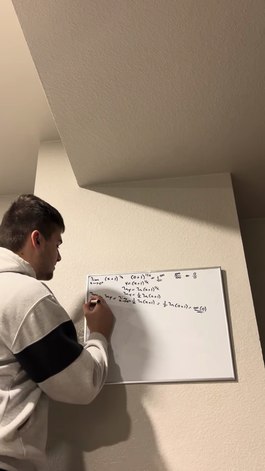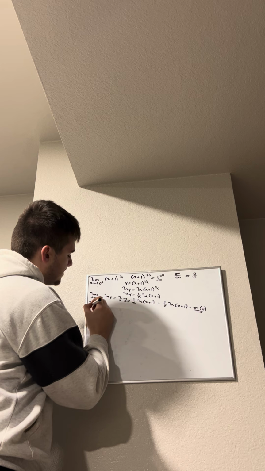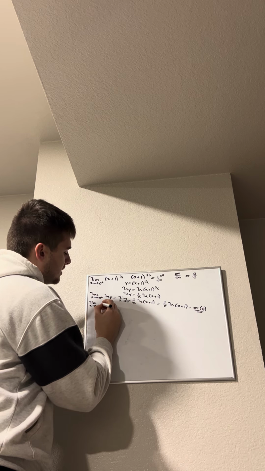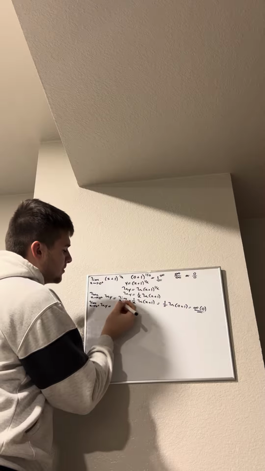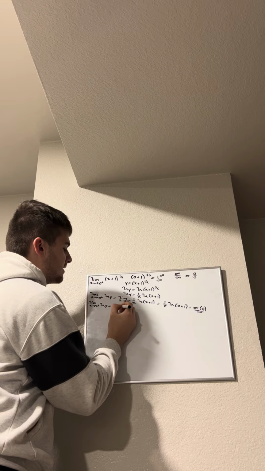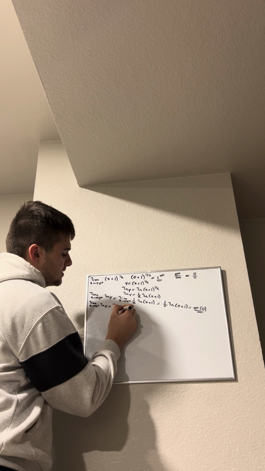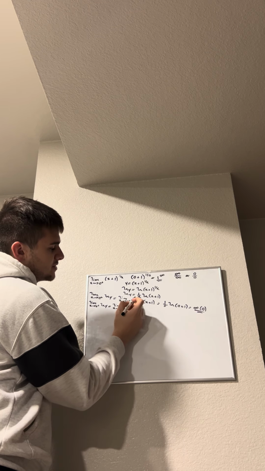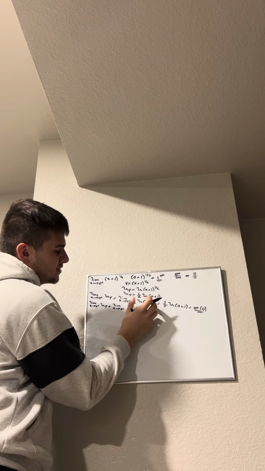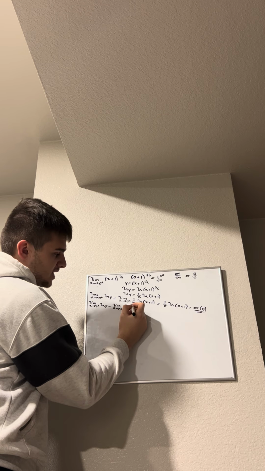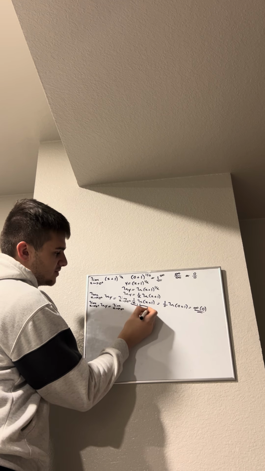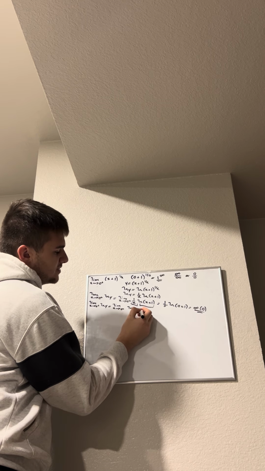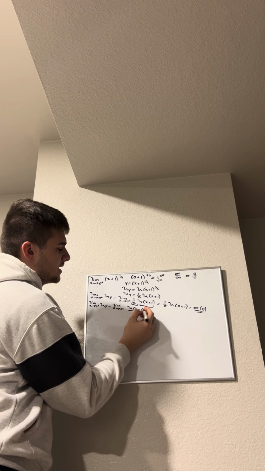We can rewrite this as the limit as x approaches 0 positive of ln of y equals the limit as x approaches 0 positive of, we can combine these two together. Because we have two terms being multiplied together, we can just say ln of (x + 1) over x.